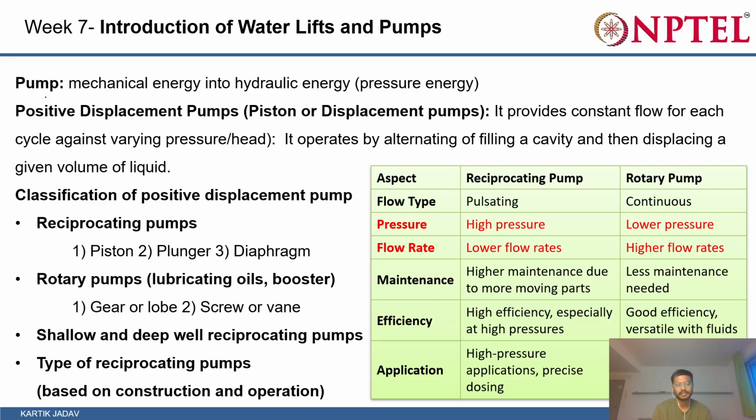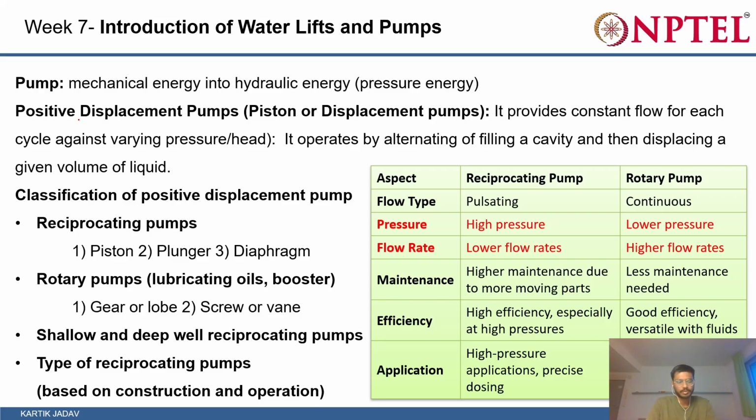That energy we use to convert into hydraulic energy. Basically, we are trying to extract water, or put water from one place to another place at a different height, right? So that mechanical energy gets converted into hydraulic energy, or pressure energy, you can say.